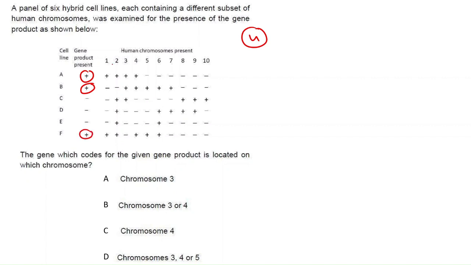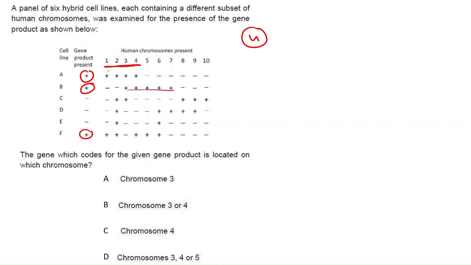So let's see. They ask which chromosome is responsible for the gene product. In A, you see chromosomes 1, 2, 3, 4, all 4 chromosomes are there. And in cell line B, we have 3, 4, 5, 6, 7.